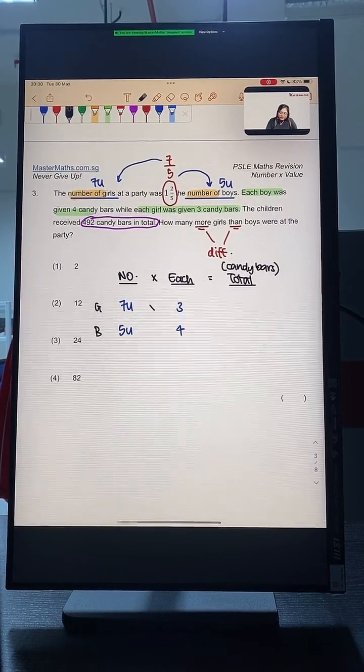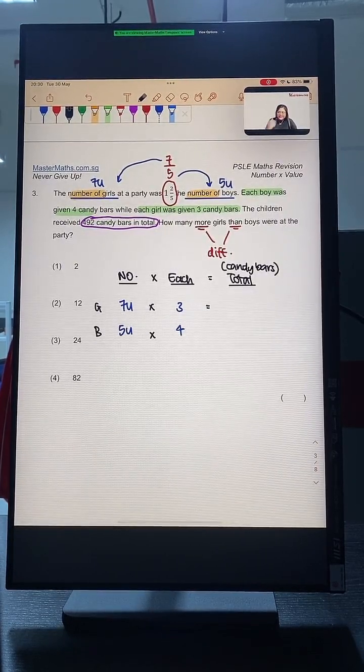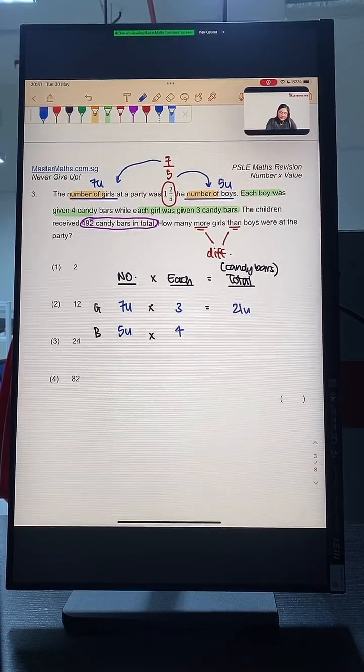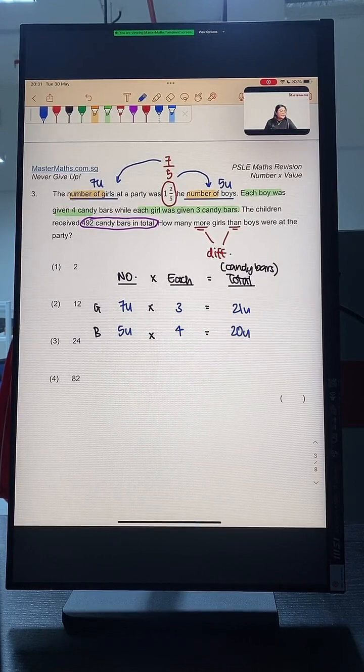So I am going to multiply. What does 7 times 3 equal? 7 times 3 will give us 21, so 21 units here. And 5 times 4 will give us 20 units there.